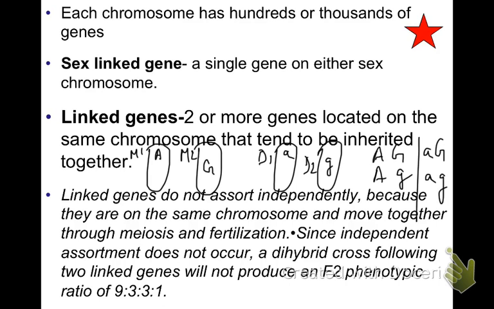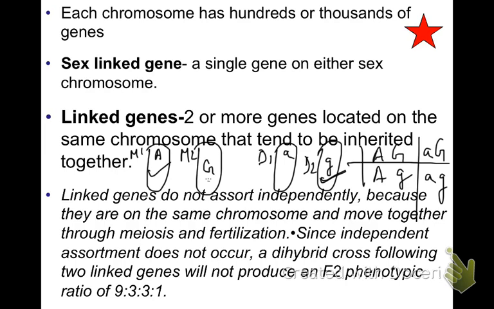So you see, where this one goes, this one does not have to follow. It can be this one. Do you see the assortment in this case where they are not linked, where they are present in different chromosomes?